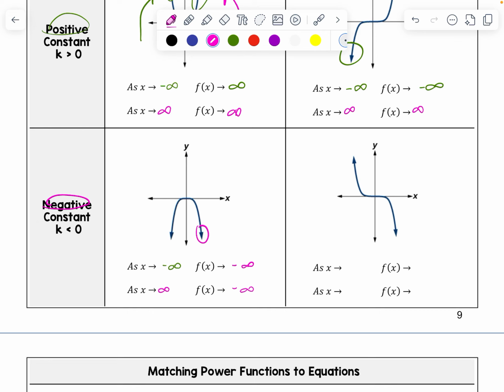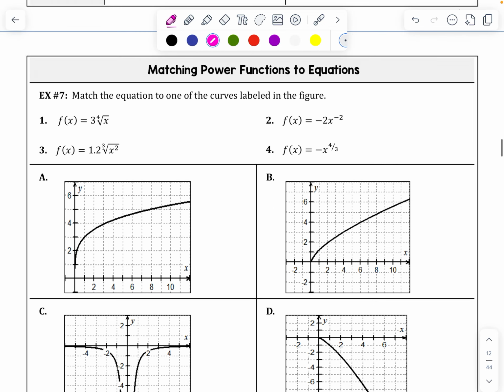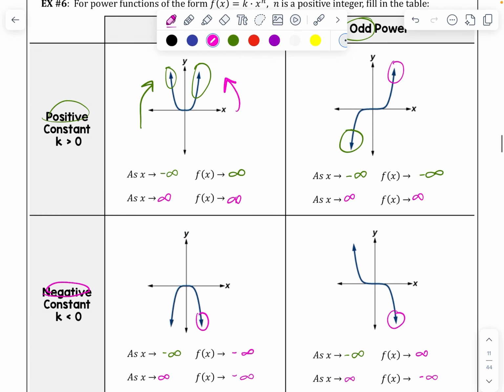And lastly, if it's negative and odd, we know negative always goes downward. So as x approaches positive infinity to the right, f of x is going downward, so negative infinity. And as x approaches negative infinity to the left, it's going the opposite direction, which is going to be positive infinity. We're going to do this matching in class, so that's it for now.